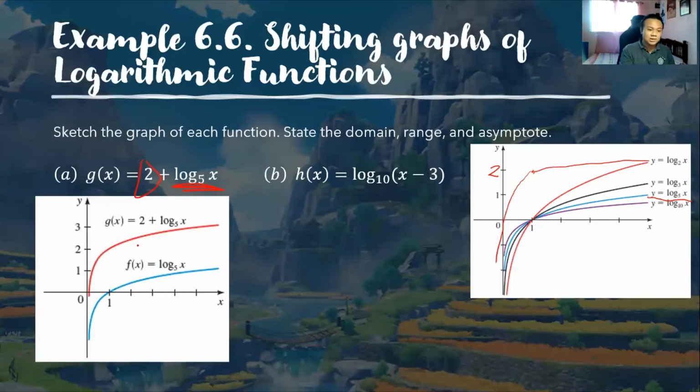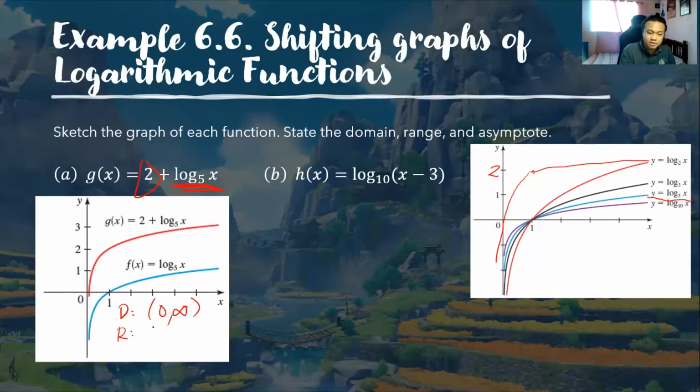So what is the asymptote and the domain? The domain is the same, x greater than 0. There must be no negative value inside our logarithmic function. Next is the range.